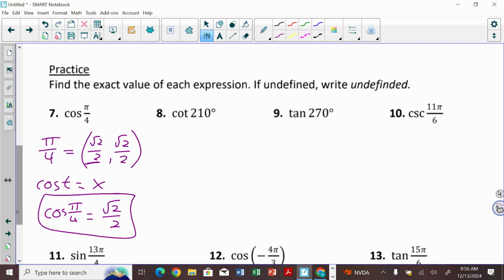So I can jump to it and say 210 degrees is equivalent to this point here, negative square root of 3 over 2, comma, negative 1/2. Okay, so we're using those exact unit circle values that we did on the first page of these notes. And now I look at cotangent of t is x over y. So I'm just going to take this x value, put it over this y value.